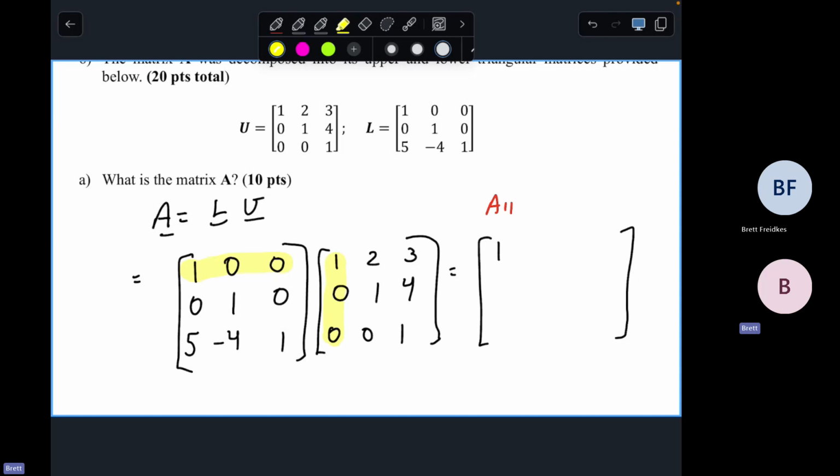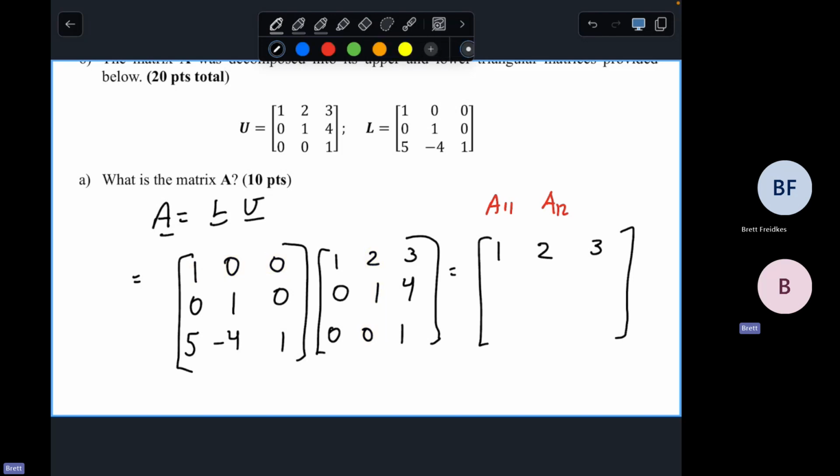Okay? If you got that wrong, just make sure. The next one is A12. Again, that'll be the first row and the second column. What's that? That's just 2. Am I going too slow here? Just baby stuff? The next one is 3 for the same type of reason.